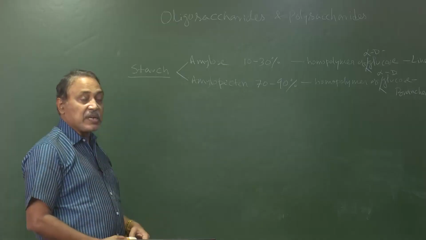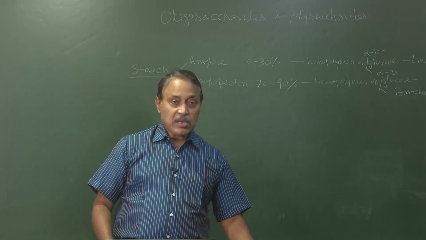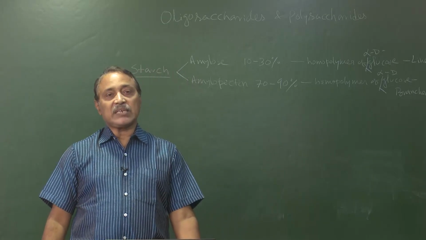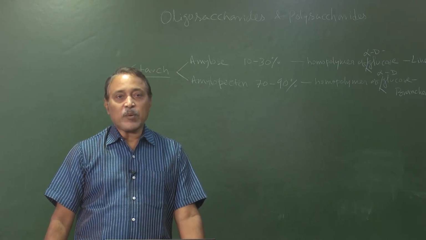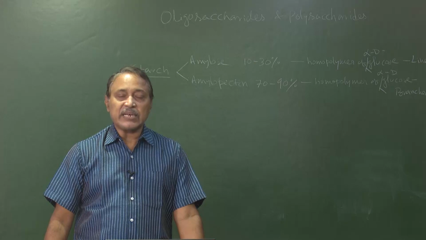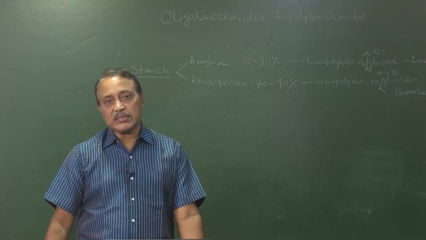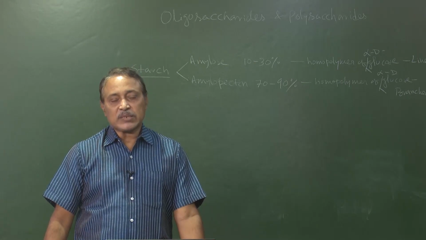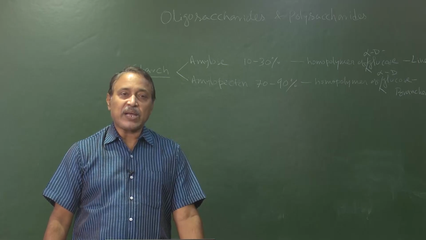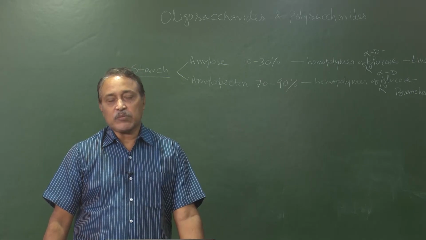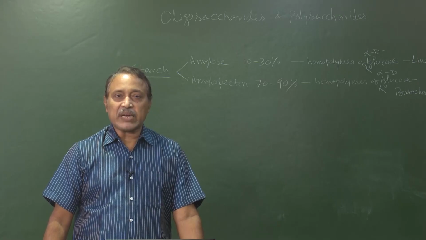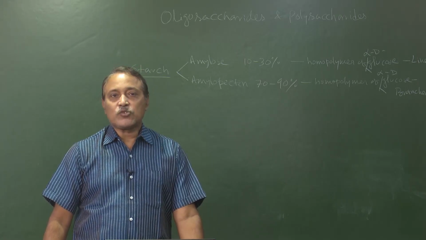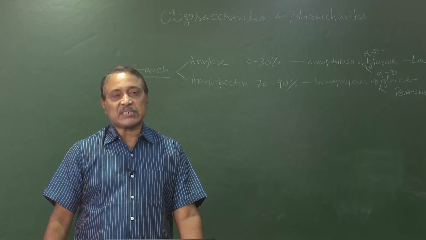And when it comes to digestion, amylase can digest amylose easily. Amylopectin will be only partially digested using the amylase. Then there must be a branch removing enzyme which will translocate the branch to another point and make it straight.